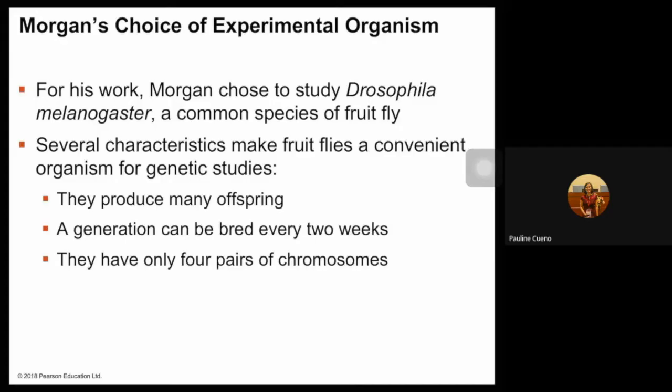So for Morgan, the easier part of his study was because the Drosophila melanogaster has only 4 pairs of chromosomes. So for his study, madali lang din siya compare kapag sa animals.